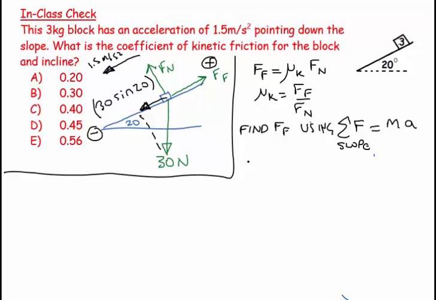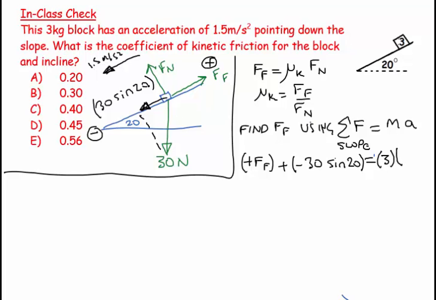So plus Ff, added to minus 30 sine 20, is equal to, not 0 because it's not in equilibrium, the mass, which is 3, times the acceleration. The acceleration is 1.5 meters per second squared.